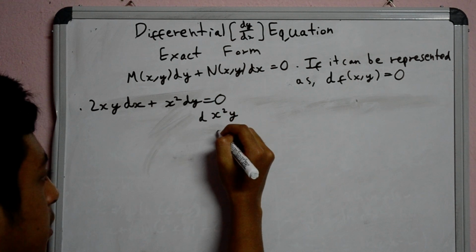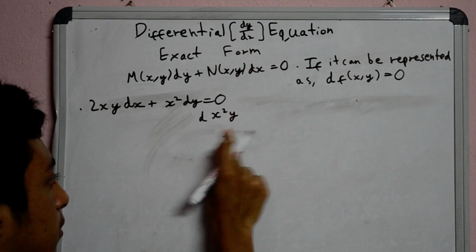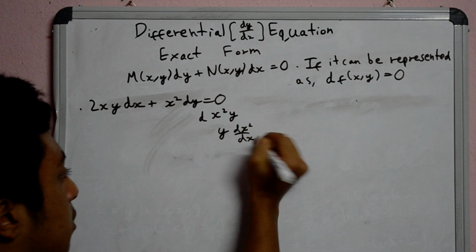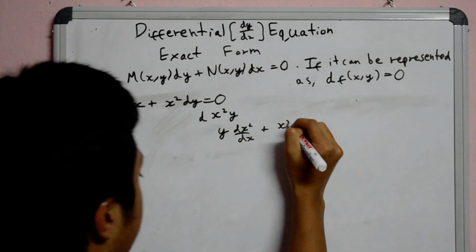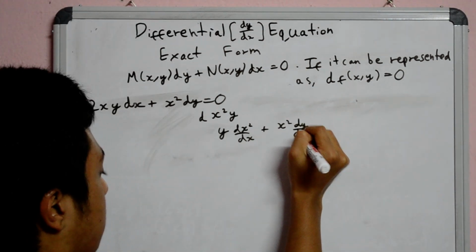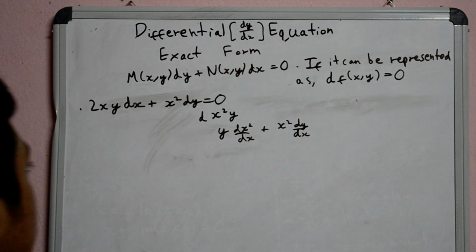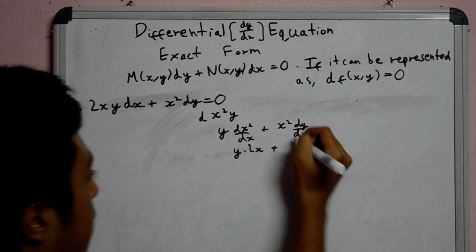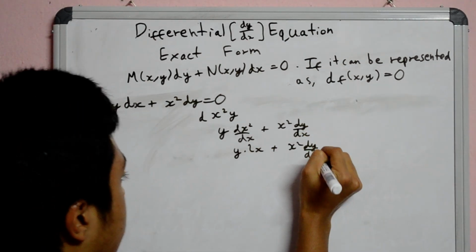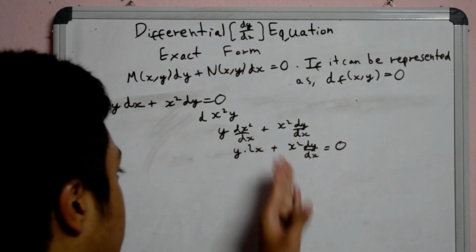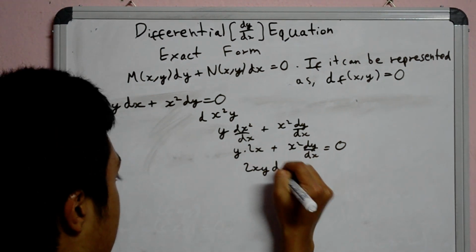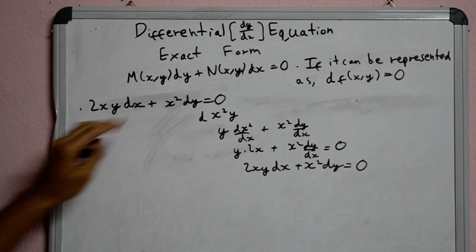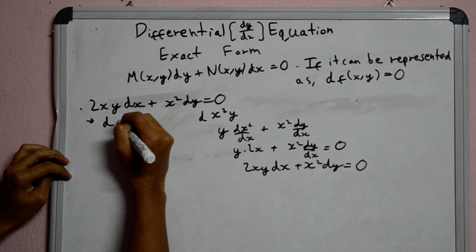What this gives is 2x y plus x squared dy/dx, so this is just y into 2x plus x squared dy/dx equals 0. Again we can multiply dx on both sides, so we'll get 2xy dx plus x squared dy equal to 0, which matches with that. So this is in fact the derivative of x squared y.